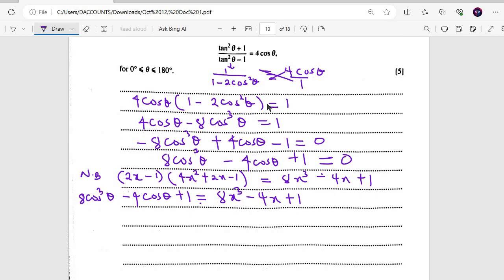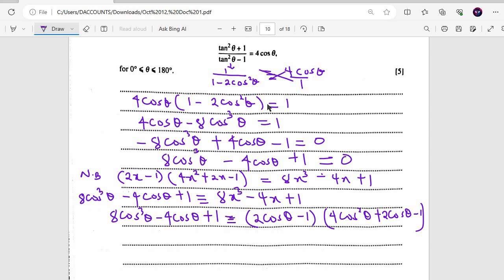Yes. So which means that 8 cos cubed theta minus 4 cos theta plus 1 will be the same thing as 2 cos theta minus 1 and 4 cos squared theta plus 2 cos theta minus 1. Yes.